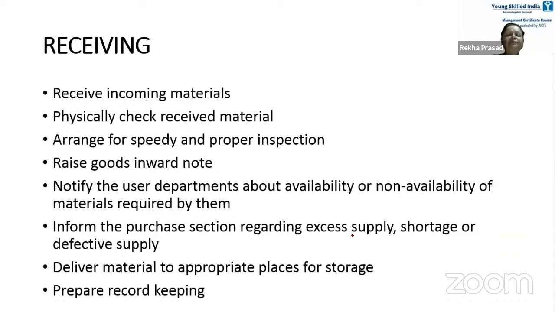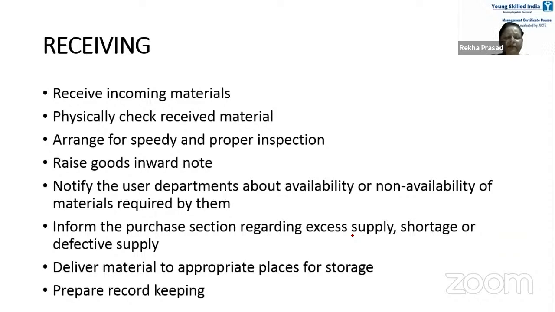Arrange for speedy and proper inspection. Actually, I said proper inspection. Proper means it should not take too much time. Now you keep thinking whether I should go for random sampling, whether I should. So this is not for once, it is ongoing. Once that policy has been decided, they know what type of material they are buying.